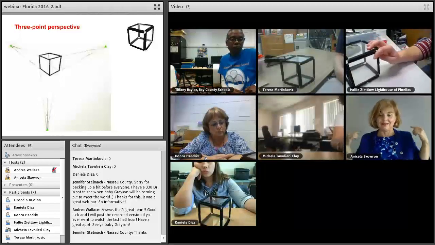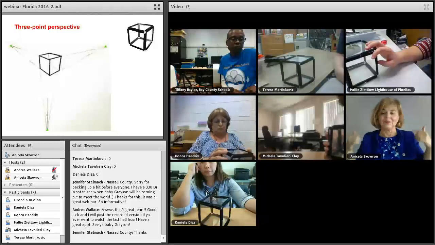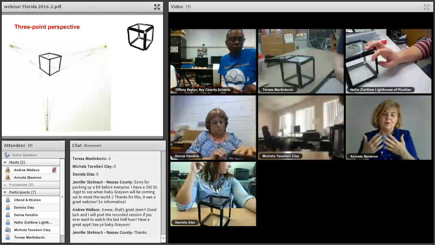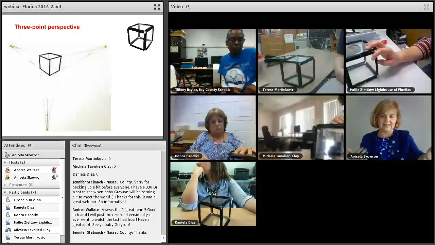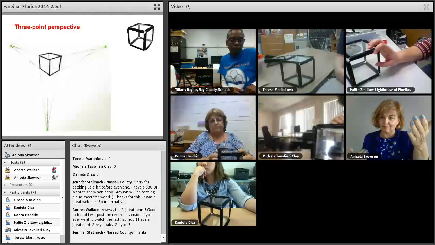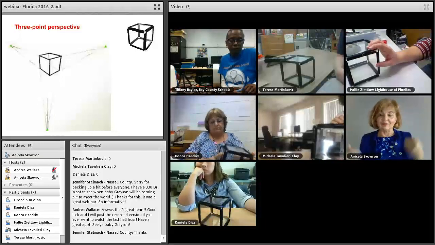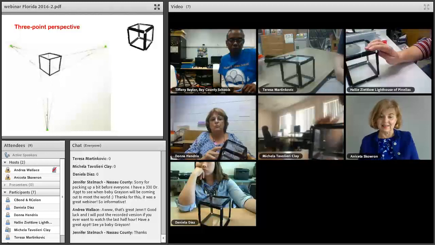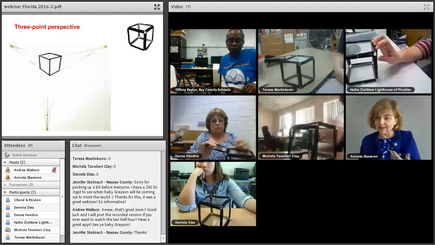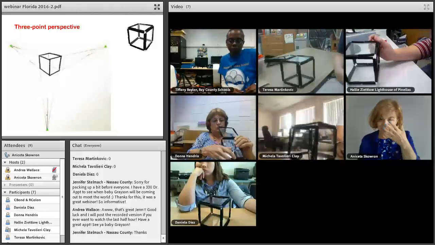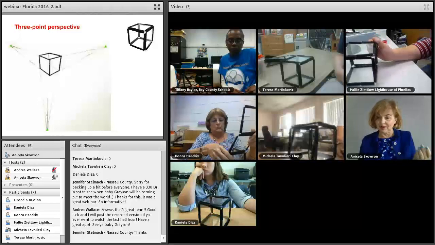So our brains actually compute it back, and we have no difficulty looking at this flat picture and reading it immediately as a 3D picture, which is not the case for visually impaired students.